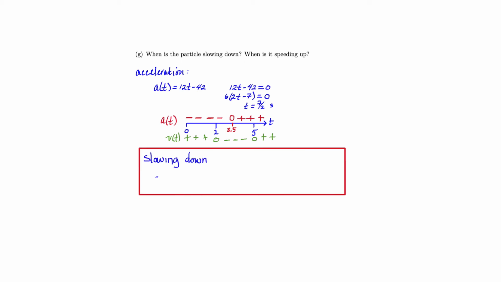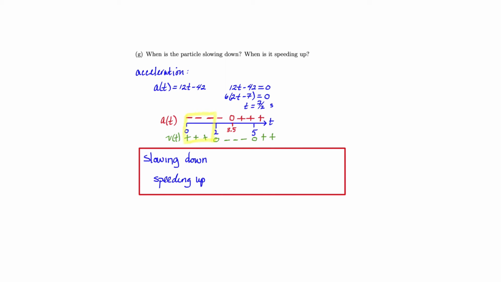Where is the particle slowing down, and where is it speeding up? We have to look at where the acceleration is pushing against the direction. Where is the acceleration going in the opposite direction of the motion of the particle? So we have to look at where the sign of the acceleration is the opposite from the sign of the velocity.